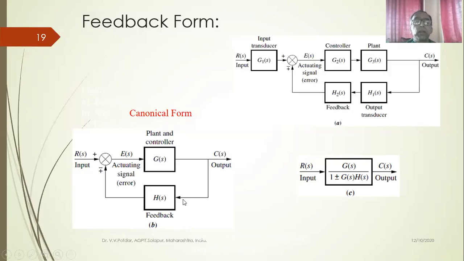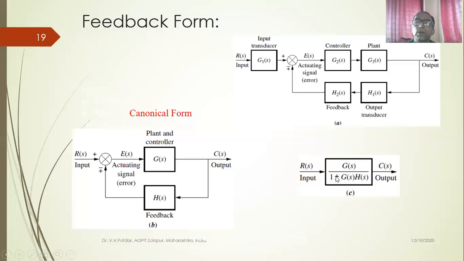For this canonical form of a closed loop control system, the transfer function is given as: the numerator is the forward block element G(s), divided by 1 plus or minus.